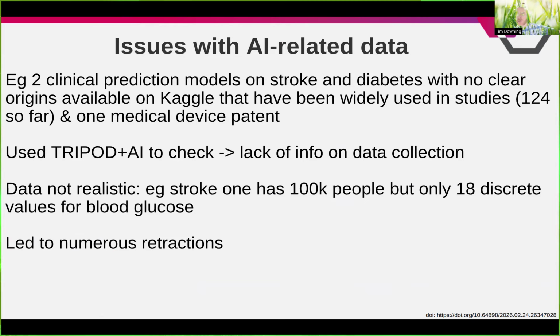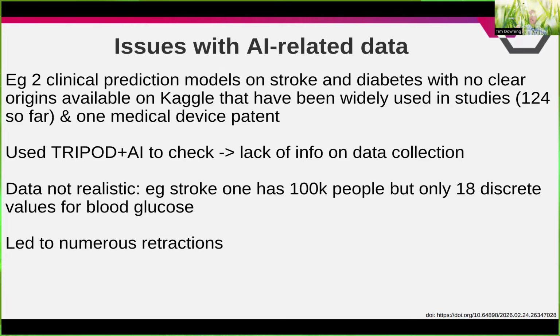A group used, the paper link is below, Tricode NLI to check this data, and there's a clear and problematic issue with lack of information on data collection. The data is not realistic. For example, the stroke dataset has 100,000 people, but only 8 different values for blood glucose, which is quite puzzling.